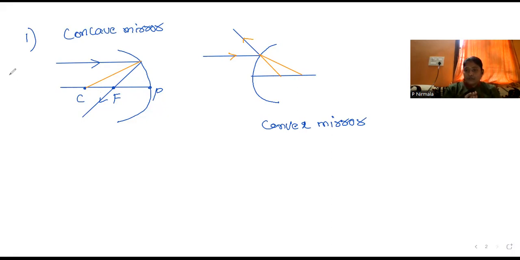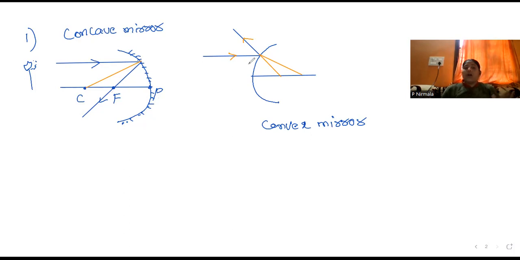Be careful to listen. If you listen well, you can write it in your own words, but don't miss the scientific words. Here I am taking some light source. Light is incident, that means a light ray is incident on the concave mirror. Where will the reflection pass? I told you, through the focus point. So it passes through the focus point.